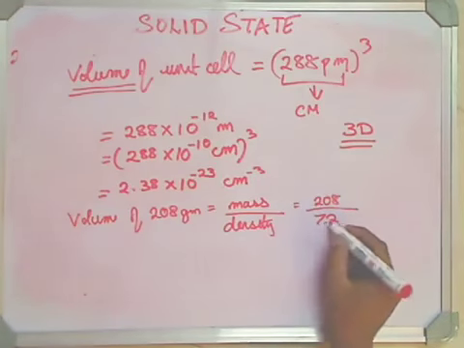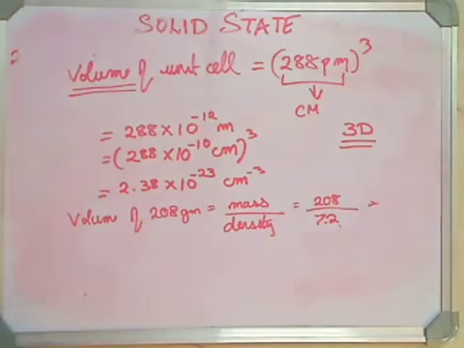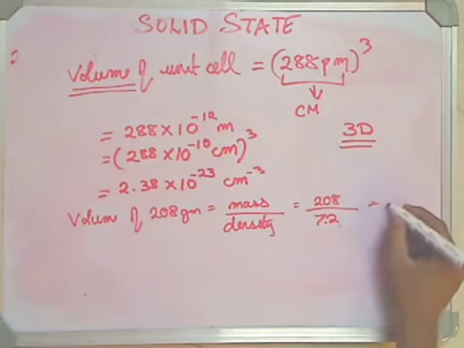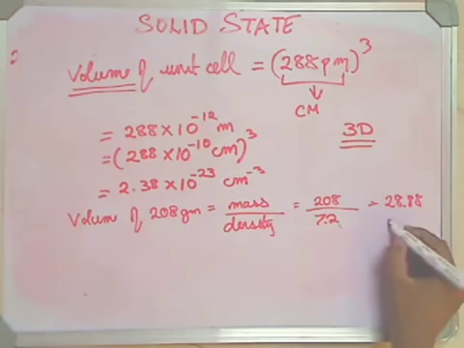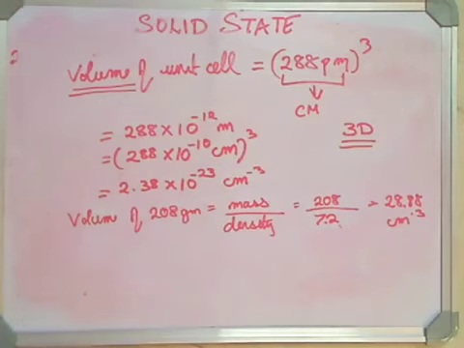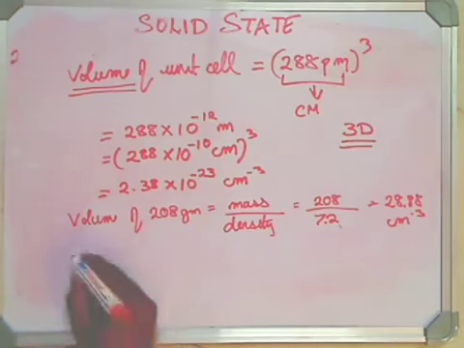Let's ignore the gram here, 7.2, and this should give you 28.88 centimeter cube. This is the volume of 208 grams of this unknown element that I mentioned. Now we need to find the number of atoms present in 208 grams of this. So how do you go about doing that?